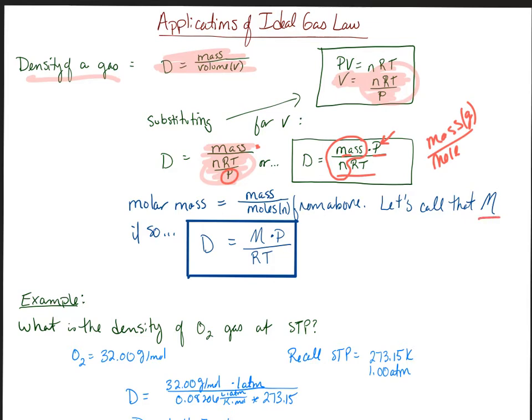So we're going to give that another value. We're going to call that M, a big fancy M with a slight slant to it, but we'll call it M. So we could say in total then that density is equal to molar mass times pressure over R times T. And where is that useful?